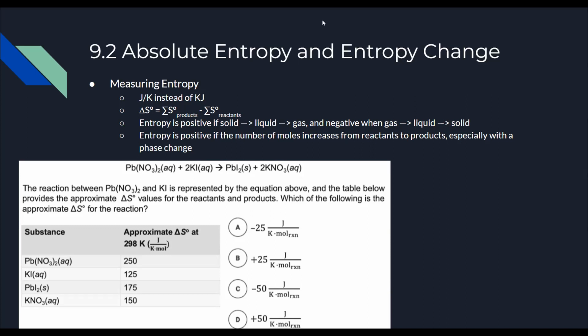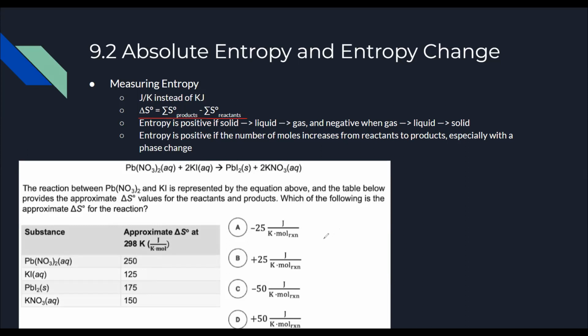So let's try this problem over here. This one's asking us to calculate the delta S for the reaction. So you have to use this equation, delta S equals S products minus S reactants, and you have to use stoichiometry along with that. Our products are PbI2 and 2KNO3. So let's start.